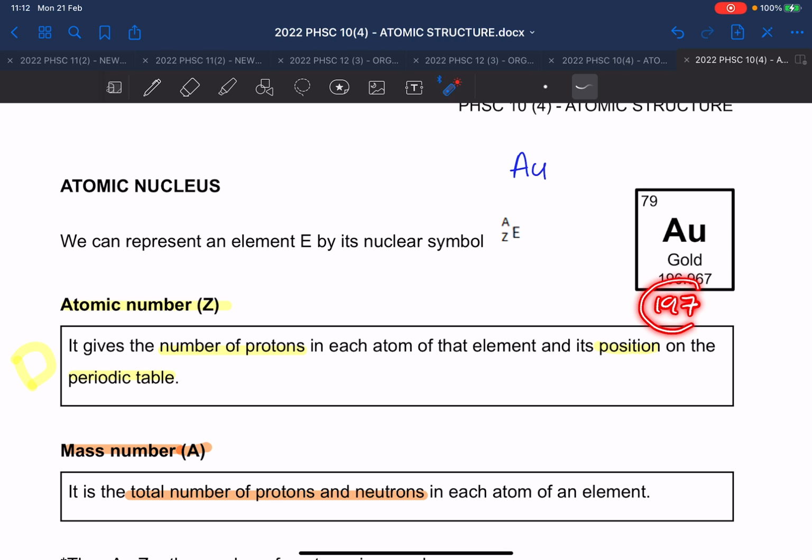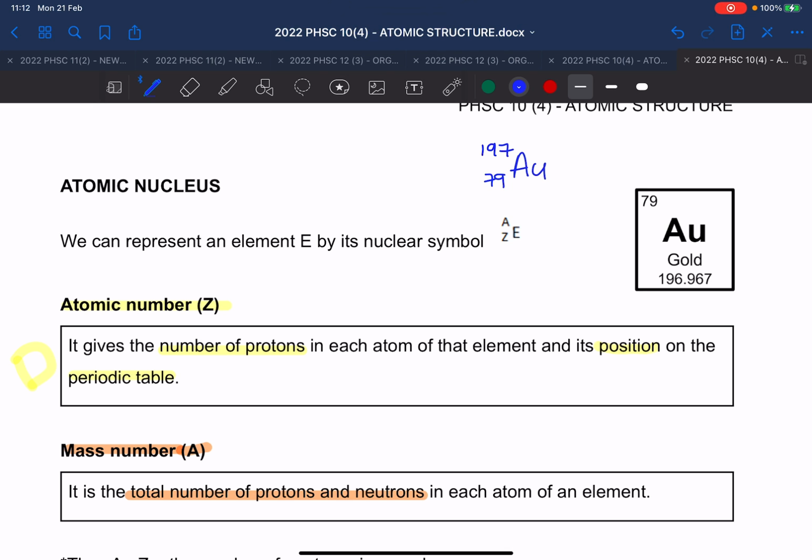So you're going to use 197. There at the top we write 197, because A represents the mass. Then the Z represents the atomic number. What is the atomic number of gold? 79, you write here at the bottom. So this is the symbol to represent gold.